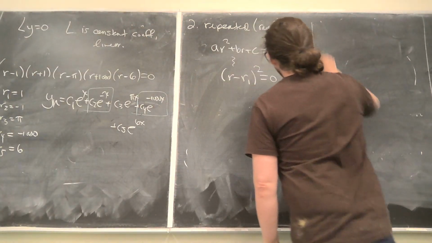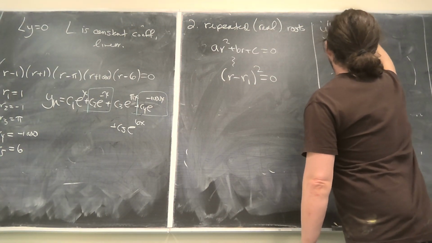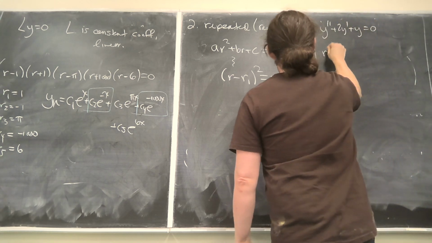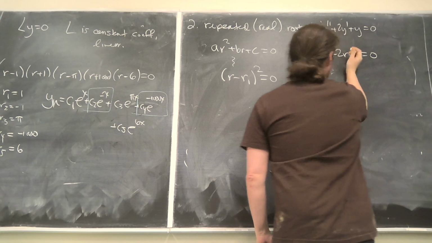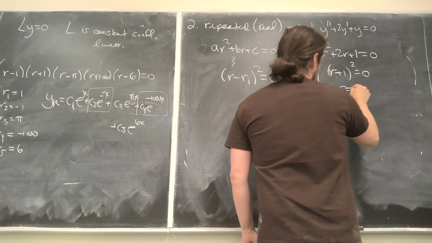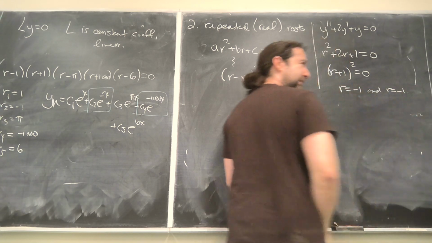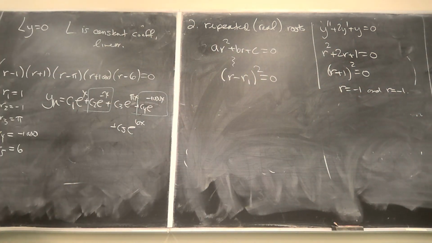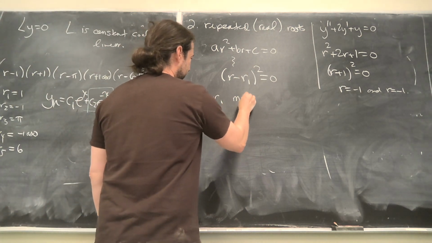If you want an example here, y'' + 2y' + y = 0 has characteristic or auxiliary polynomial r squared plus 2r plus 1 equals 0, which is (r + 1) squared equals 0. So this says r is equal to -1 and also r is equal to -1. r is r1 with multiplicity 2.